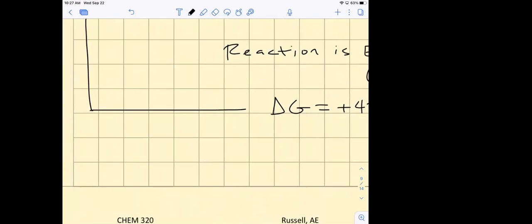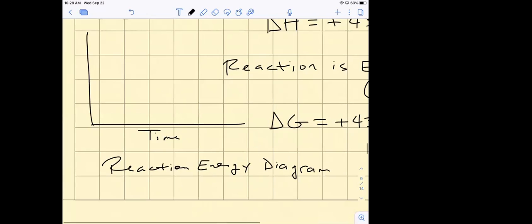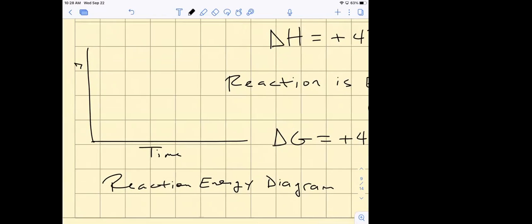So on the x-axis, it's time, and all this is a depiction of the energetics of a reaction. If it's exothermic or endothermic, the curve is going to look different for each type of reaction. So on the X is time, and on the Y it's energy.